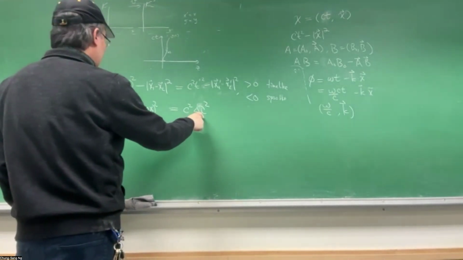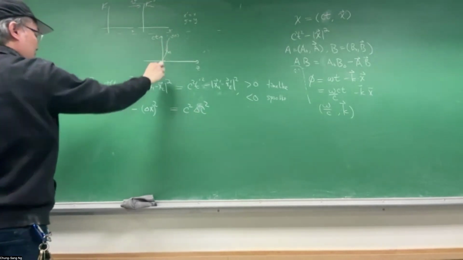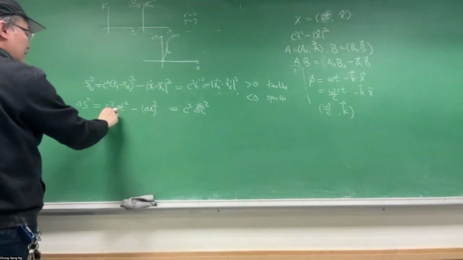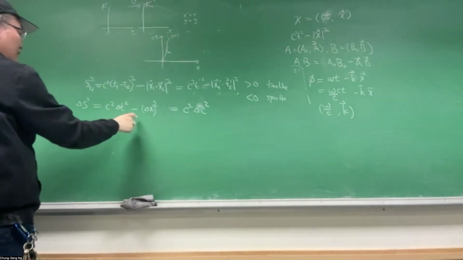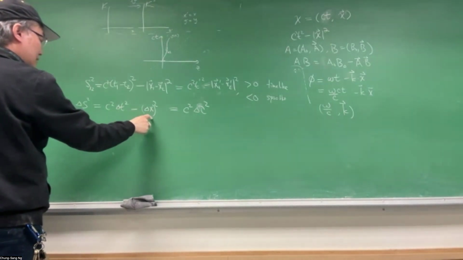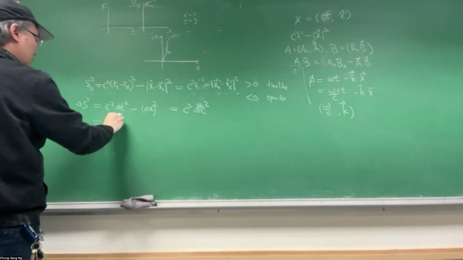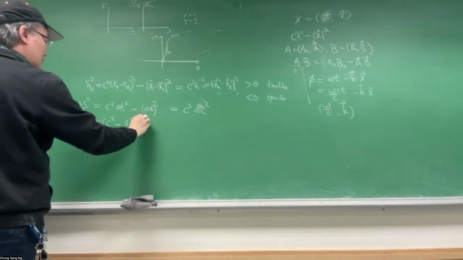But within this little instant, delta x is moving with velocity v, this v in the K frame. So delta x is v squared delta t squared. So c squared minus v squared, times delta t squared.